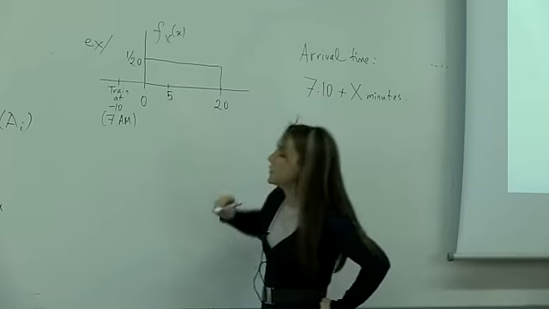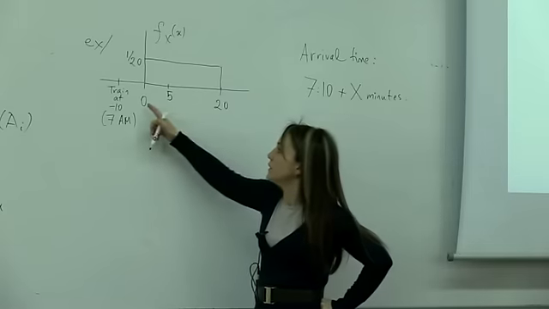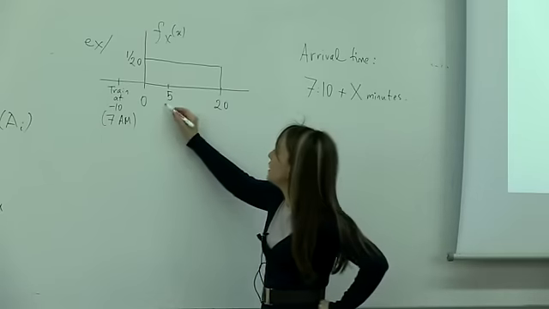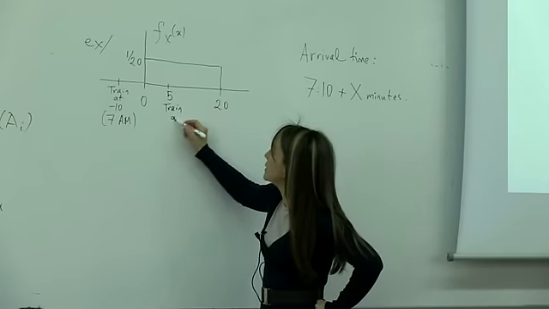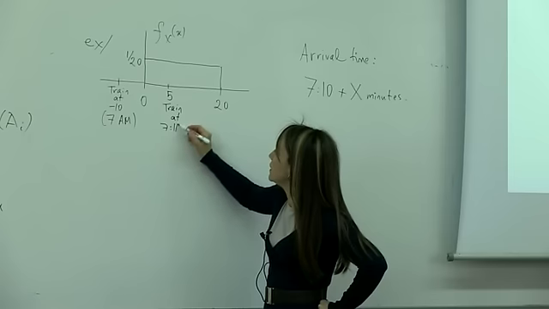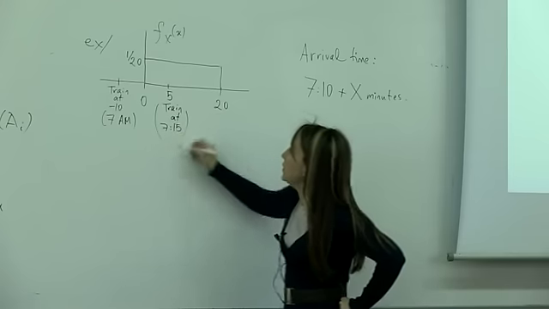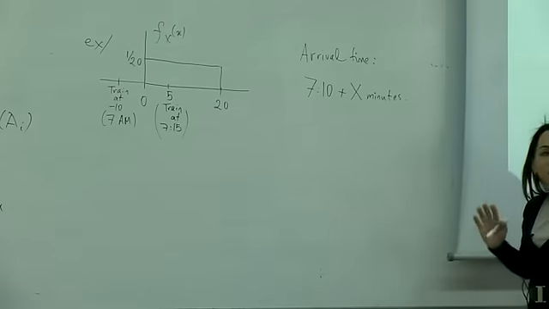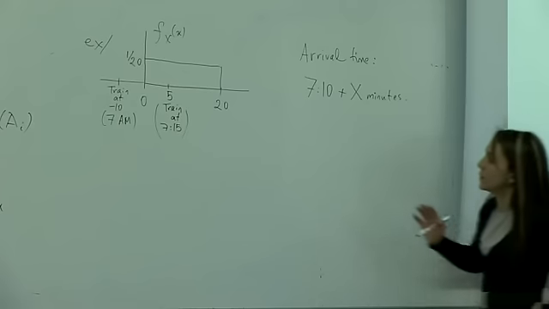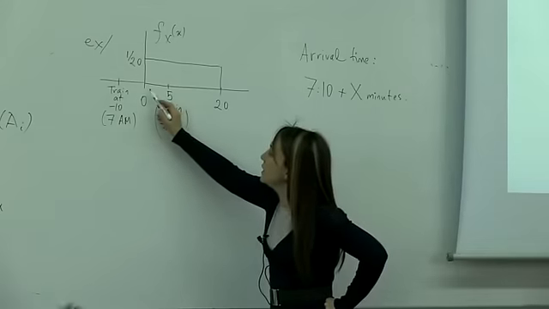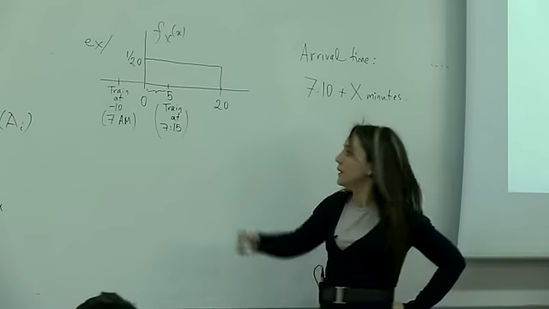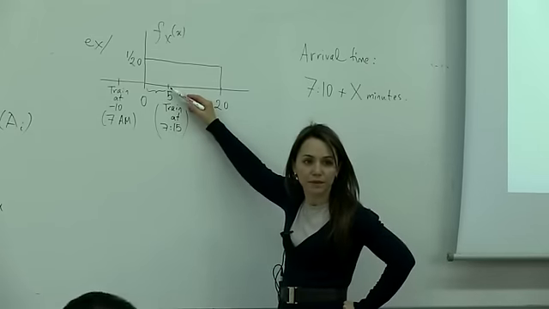At 5 minutes after 7:10, there is a train. So train at 7:15. Okay? Now, there are two situations in this case. If I arrive in this interval between 7:10 to 7:15, then I will take this train.